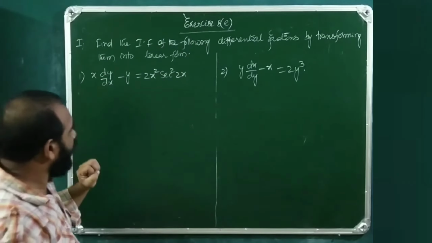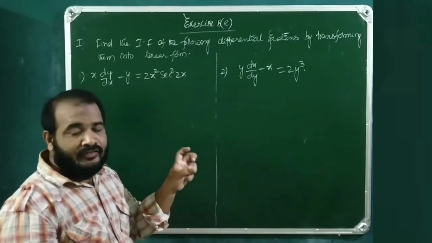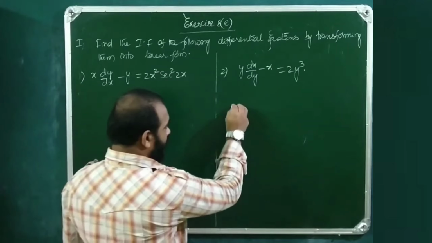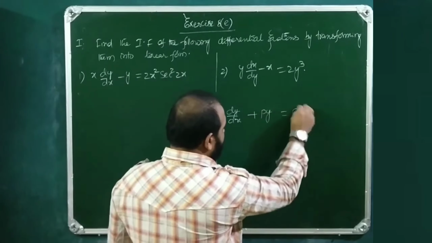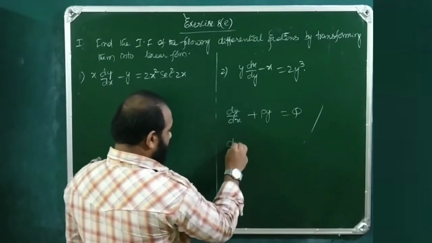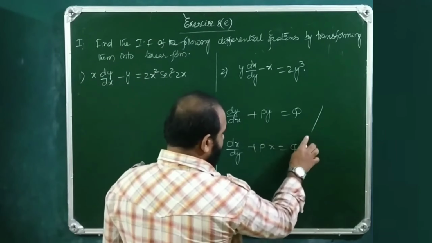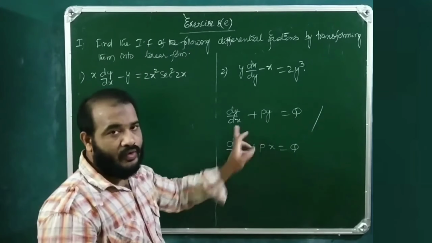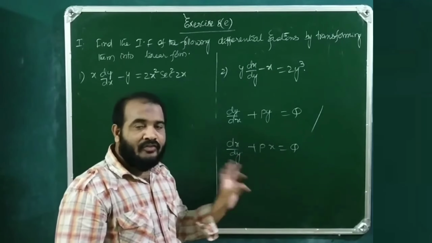First of all, what is a linear differential equation? It will be one of these two forms: dy by dx plus py equals q, or dx by dy plus px equals q.